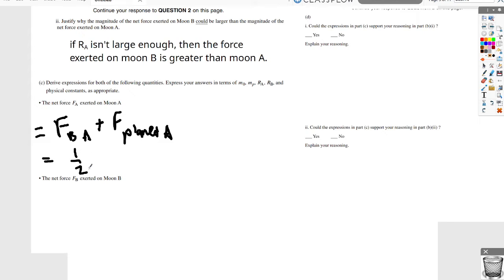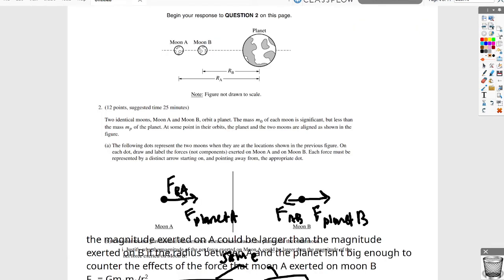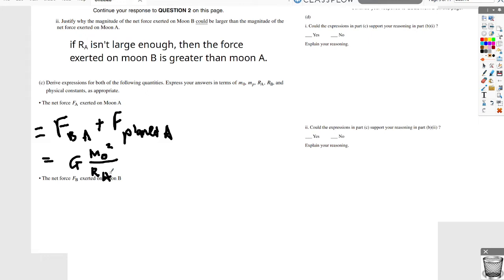So it's G times M0 squared over RA minus RB, squared, plus G times M0 MP over RA squared. That's the net force exerted on moon A.